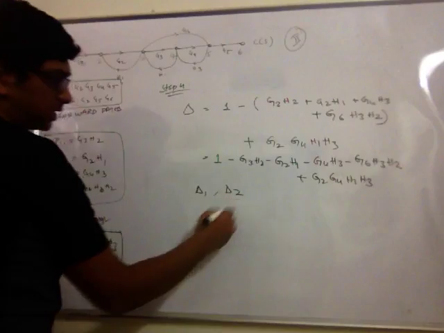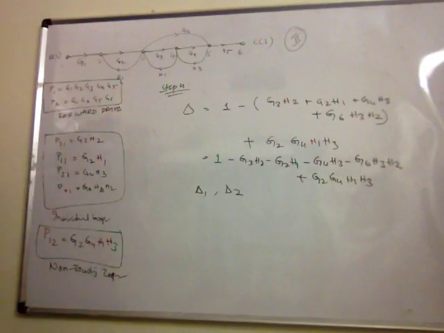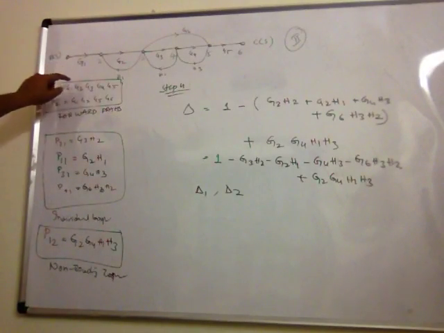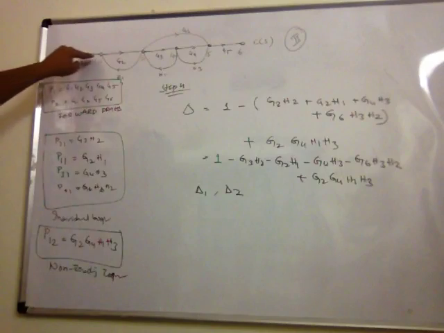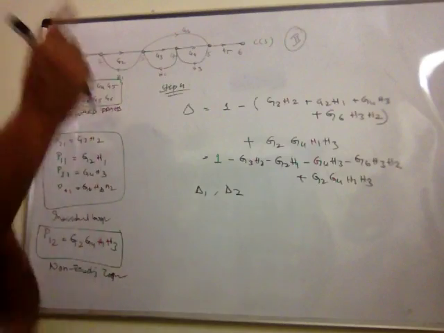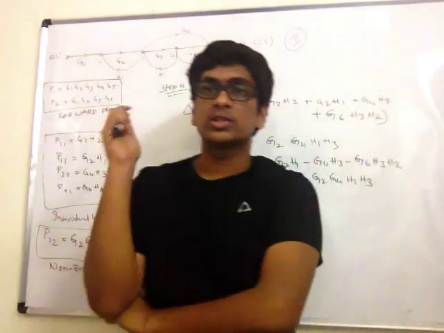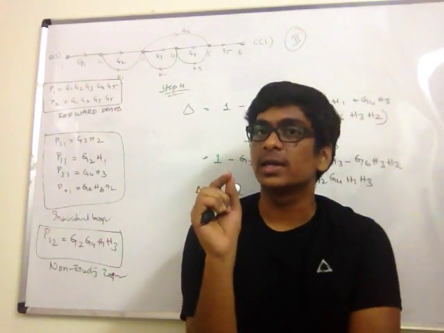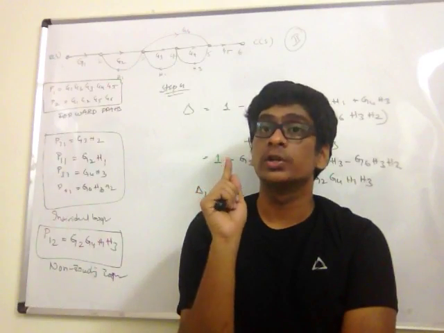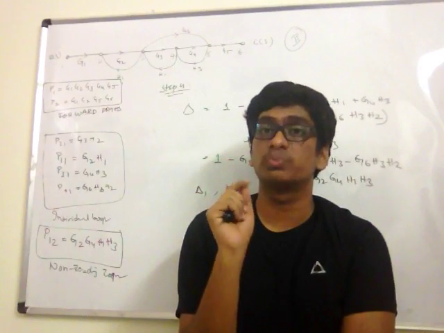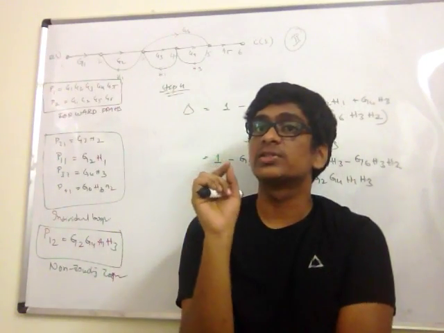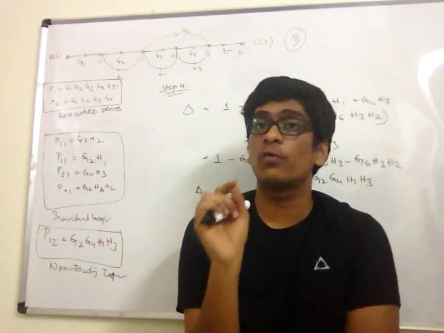delta 1 and delta 2 because we have P1 and P2. To find out delta 1, consider the first forward path. The first forward path is the straight line like this. That is the first forward path. Now if you look at the first forward path, just look at it. Is there any loop in that signal flow graph which is not touching the first forward path?